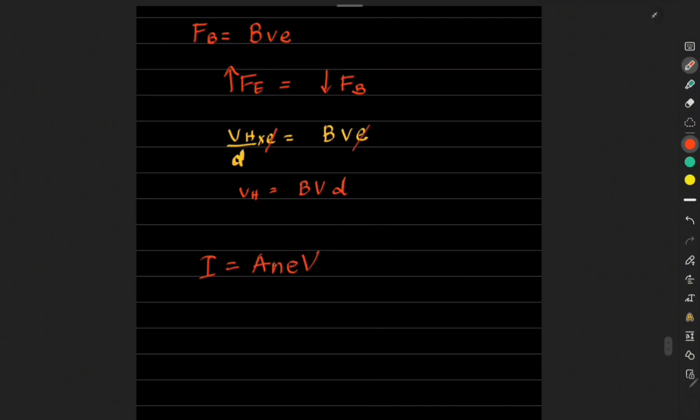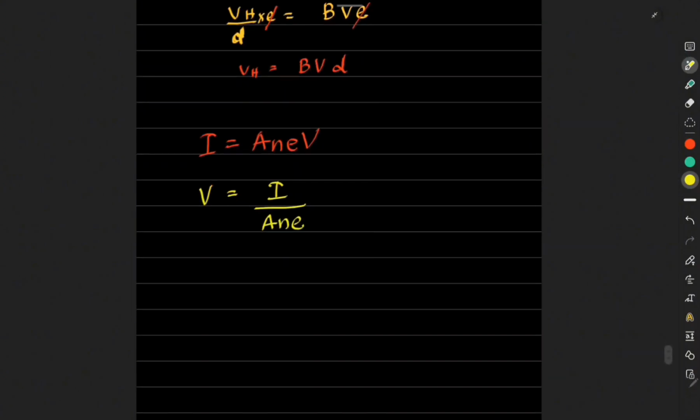This is the cross-sectional area of the block, number of charge carriers, the charge of an electron or charge carrier, and the velocity. We substitute the velocity, v equals I divided by A n e.